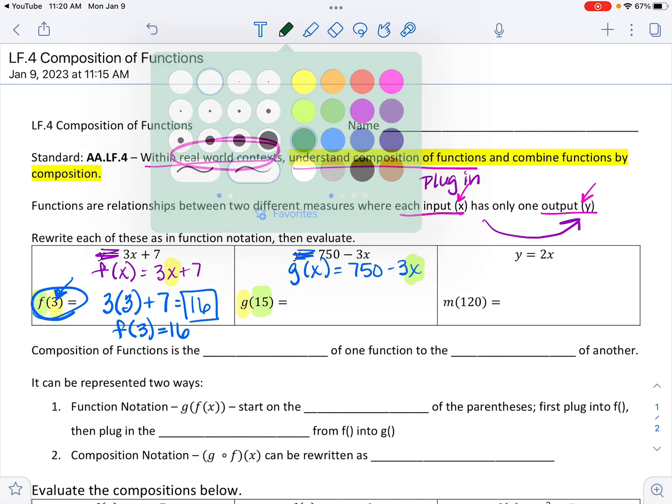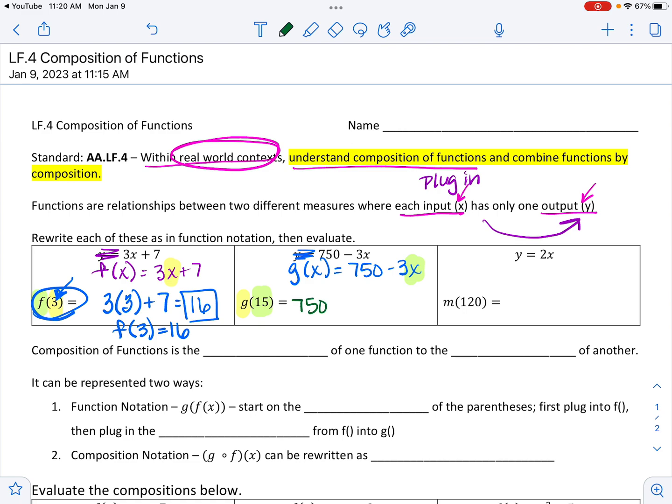So I simply rewrite the statement as 750 minus 3 times parentheses 15. And then I use Desmos. So right now, plug into Desmos 750 minus 3 parentheses 15, close it. And you should have gotten 705. So the function g with the value of 15 is 705. And the last one, you attempt that one on your own.